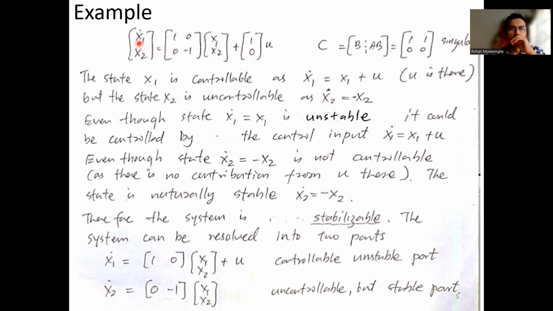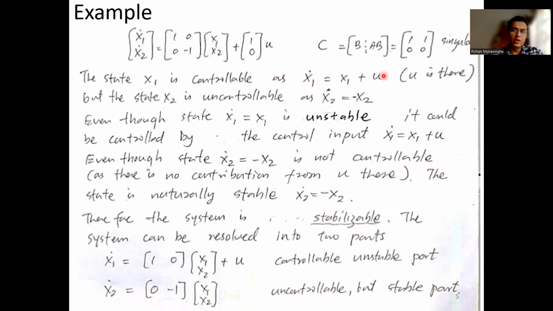If you write down the first equation, it is x1 dot equals x1 plus u. Then the second equation, x2 dot equals minus x2. So there are two equations. Now, without any assistance, you can take it up and comment on whether it is controllable.